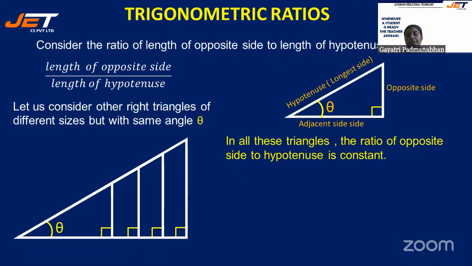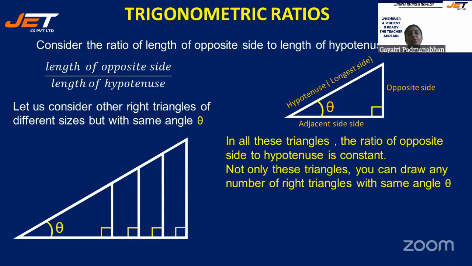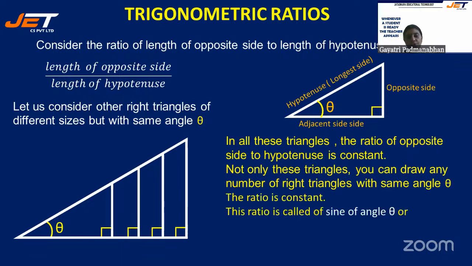In all these triangles, the ratio of the opposite side to the hypotenuse is constant. Not only these triangles, you can draw any number of right triangles with the same angle theta, and the ratio is constant.